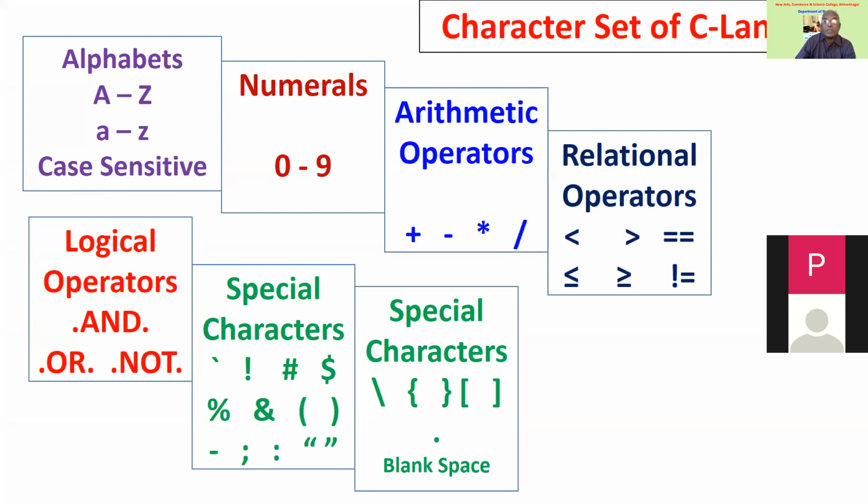The third group of character set C language requires is arithmetic operators. Basically there are four: plus for addition, minus for subtraction, and the star is used for multiplication.